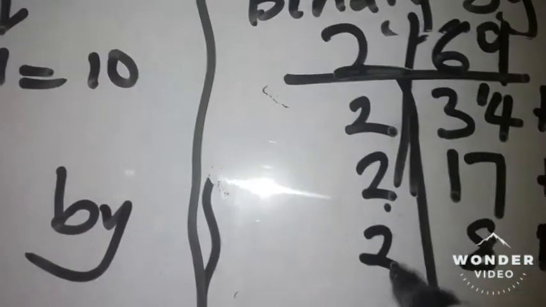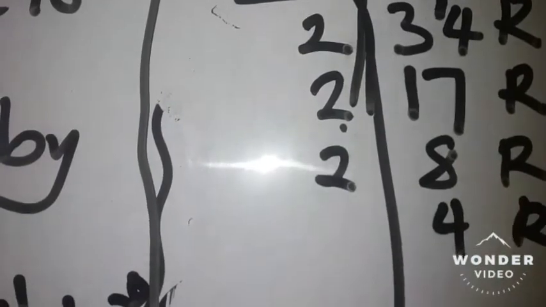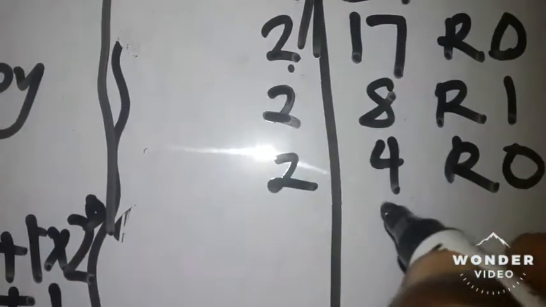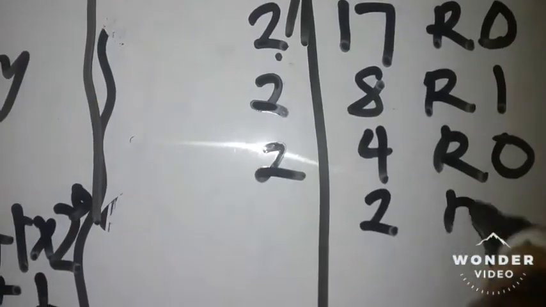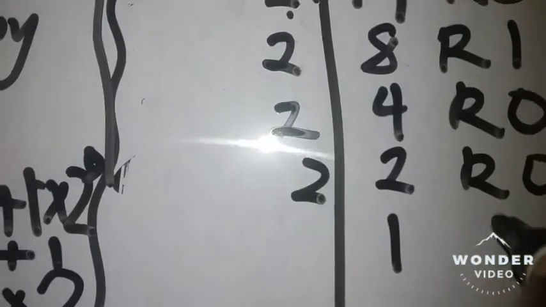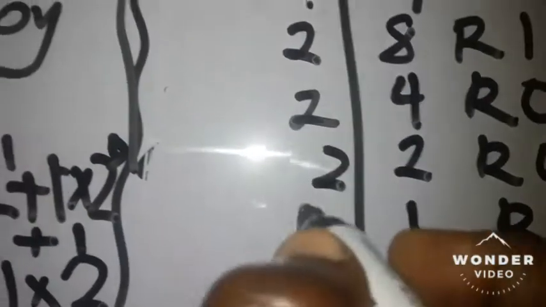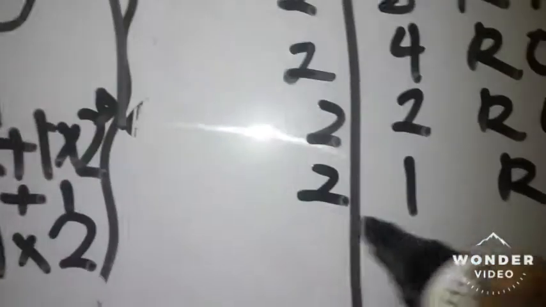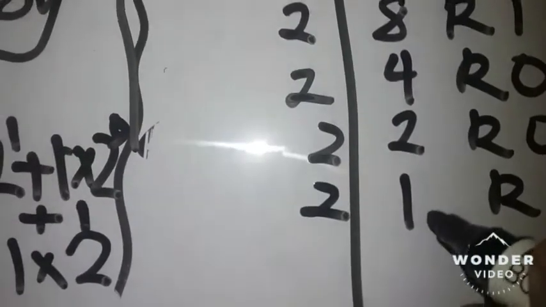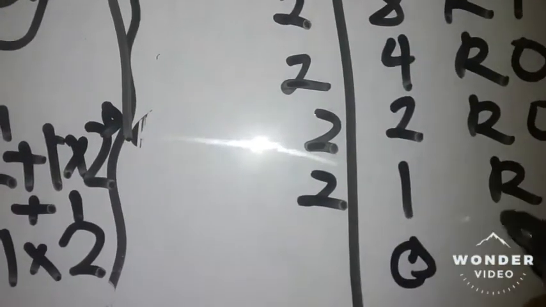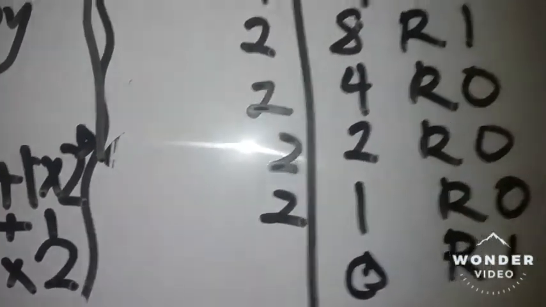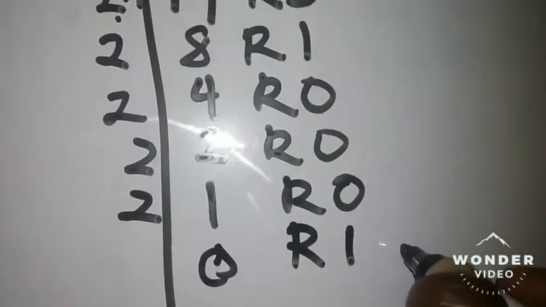We divide it again. How many times 2 will go in 8? That is 4. Remainder is 0. How many times 2 will go in 4? That is 2. Remainder is 0. How many times 2 will go into 2? That is 1. Remainder is 0. So how many times 2 will go in 1? That is 0. Remainder 1. If you want to write the answer, you write from down up.